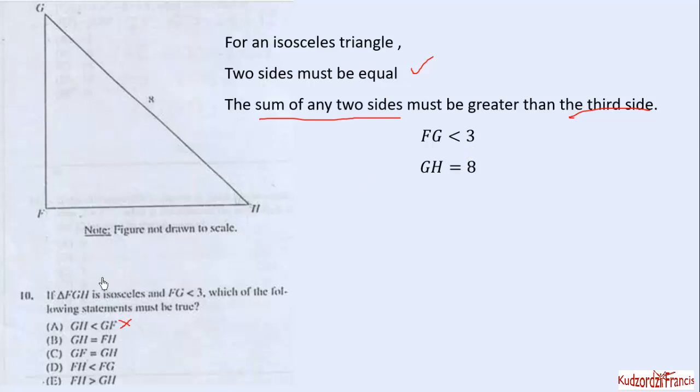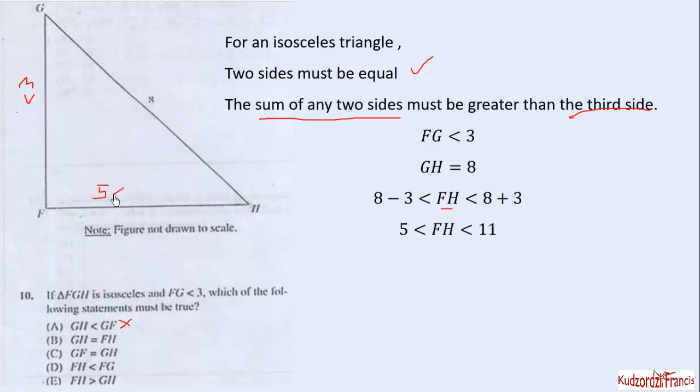Then if we use the triangle inequality property, then the third side might be between this. If you add this side and this, it should be greater than the third side, which is FH. Right now we know that this is less than 3. Then if you simplify this, we will get FH, this side, ranging between 5 and 11.